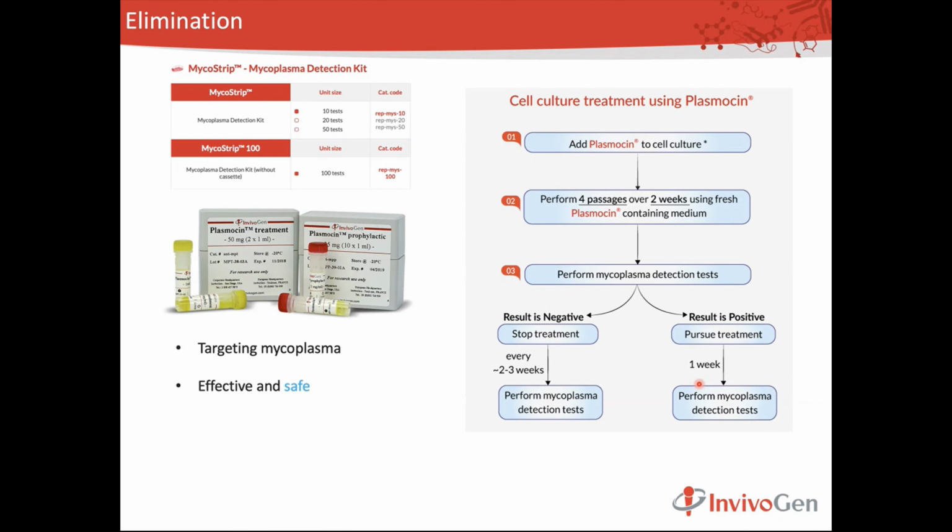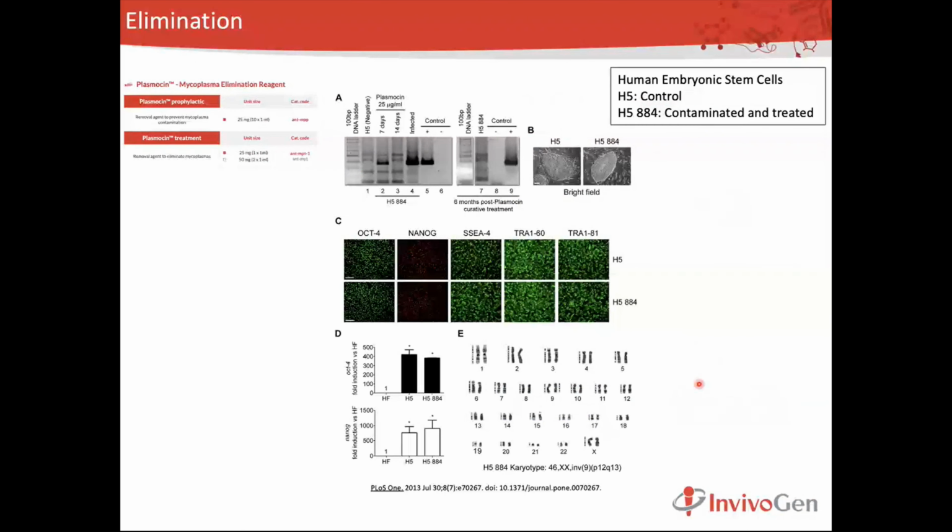And again, similar story as mentioned before, treatment is one thing, safety is another. So there was one group, a third party, not by us. They published in PLOS One a thorough testing of Plasmocin in human embryonic stem cells. So here they're comparing two sets of cells.